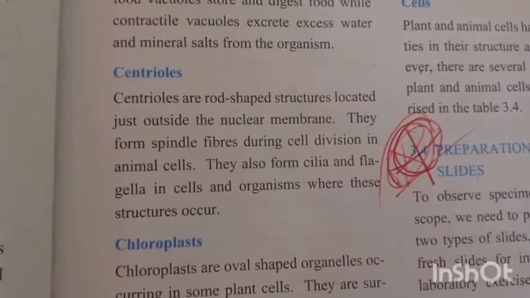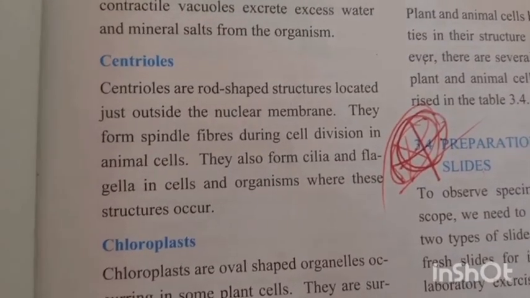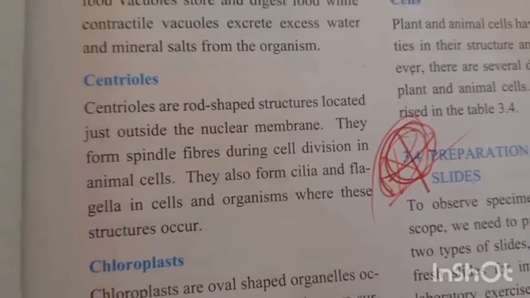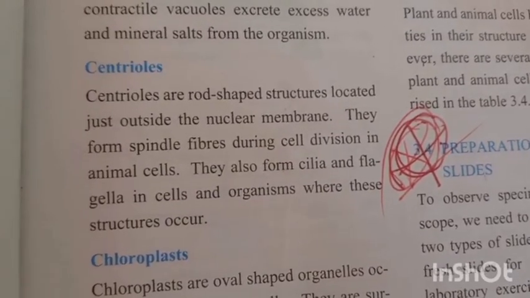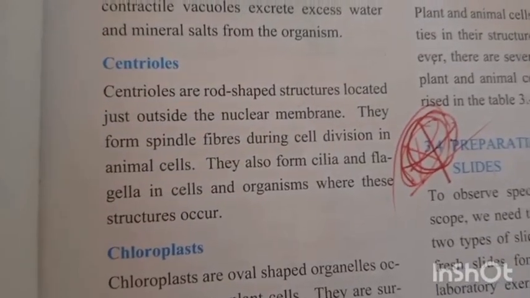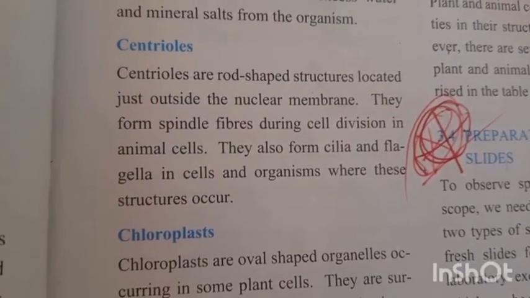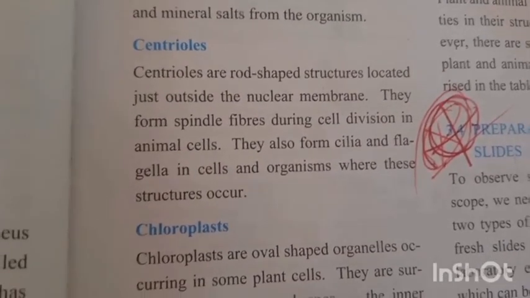Centrioles are only present in the animal cell, and they are used during cell division. They form spindle fibers during cell division in animal cells. They also form cilia and flagella in organisms where centrioles occur. Note that they are only present in animal cells.